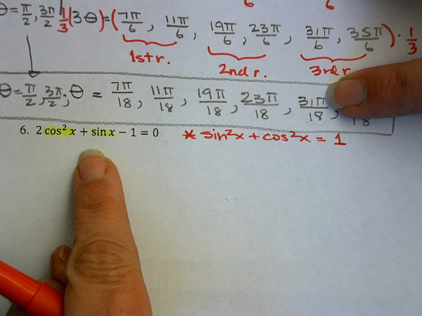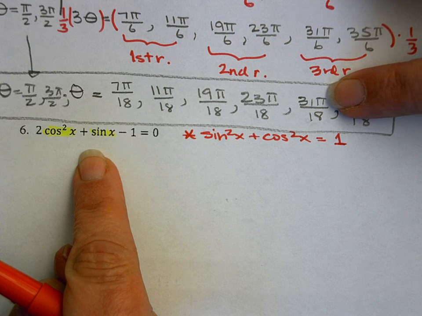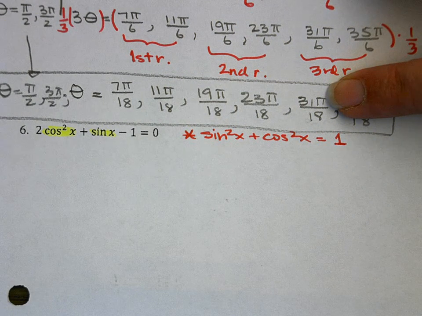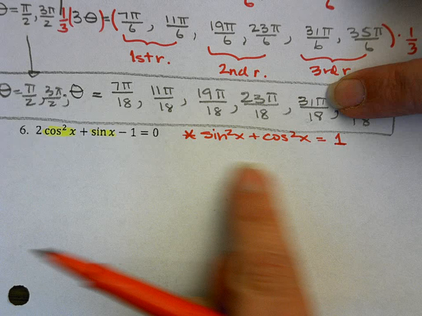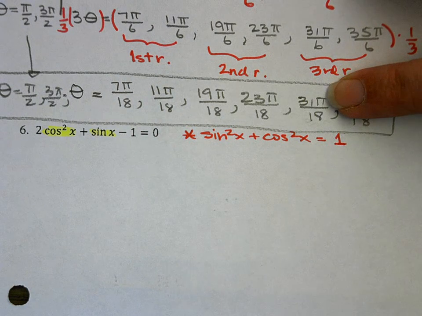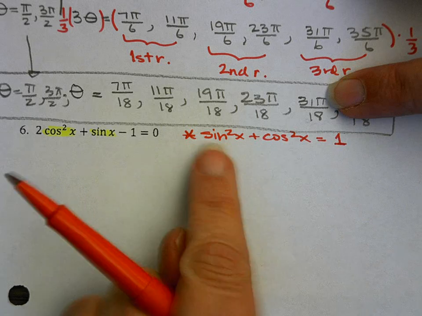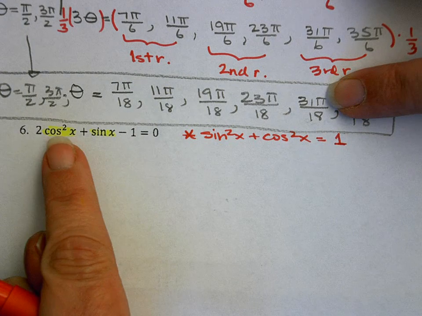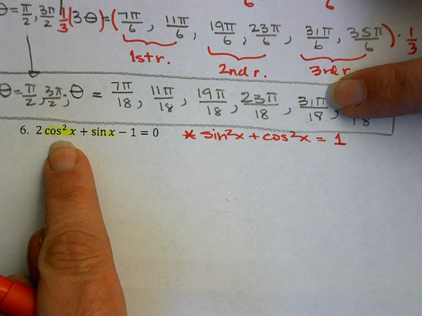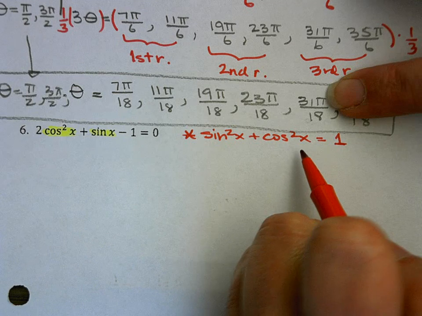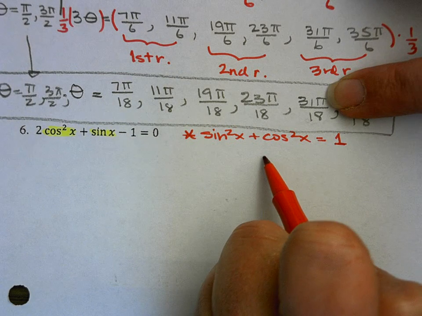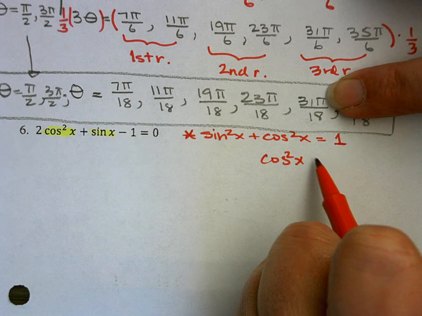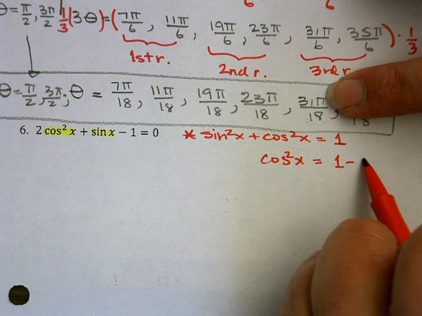So I'm not trying to do a proof, right? So I'm not trying to prove these things. So I can use any modified version of this because I'm not doing a proof. So I don't have just sine in here, so that means that cosine squared is the one I'm trying to substitute. So if I use this identity here, I know that cosine squared is equivalent to 1 minus sine squared x, okay?